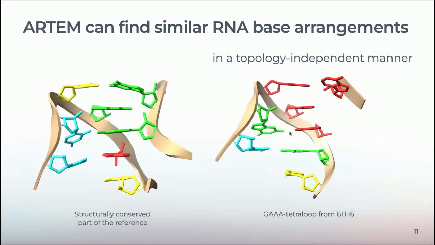For example, we can take a set of different motifs and perform annotation of structures. Also, we tried to apply the ARTEM approach for global structure alignment of RNA sequences.